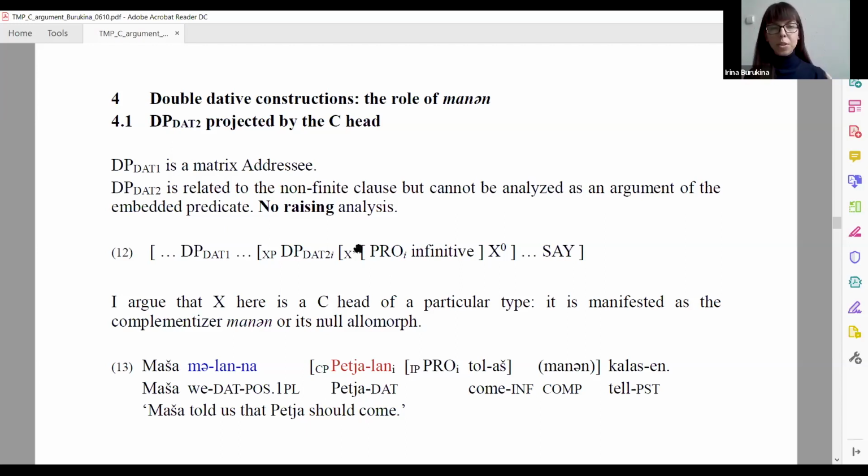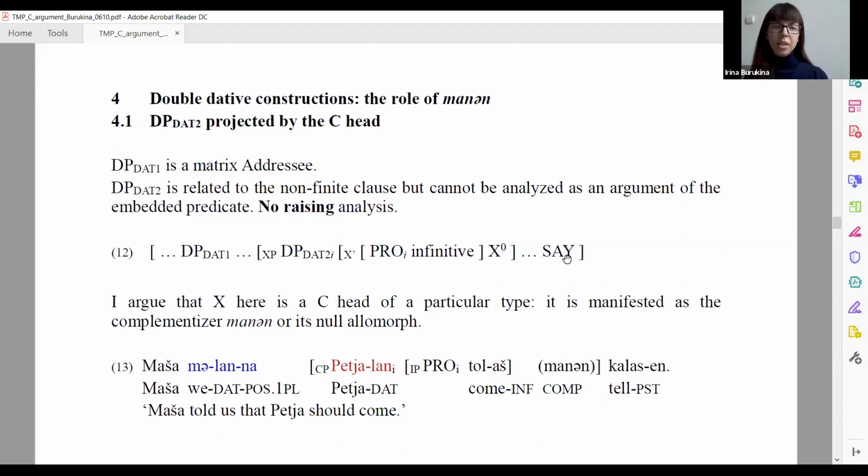So the structure that I propose can be summarized as the one in 12. So we have this XP, this as yet unknown constituent, formed by the dative DP and the embedded clause. In the embedded clause, we have a pro subject, which is controlled by the second dative DP. And then this whole XP, this constituent, is selected as the complement of the matrix speech-act verb.